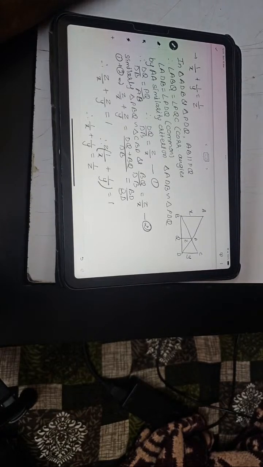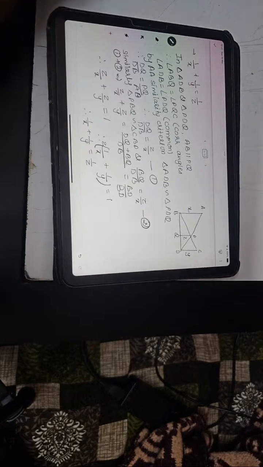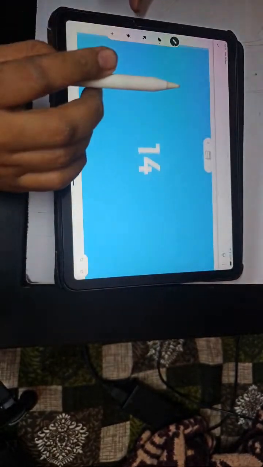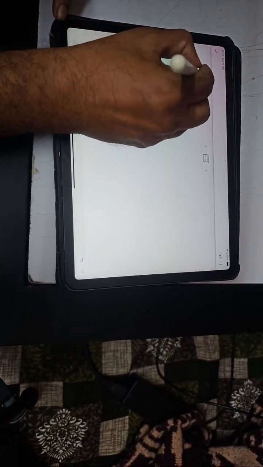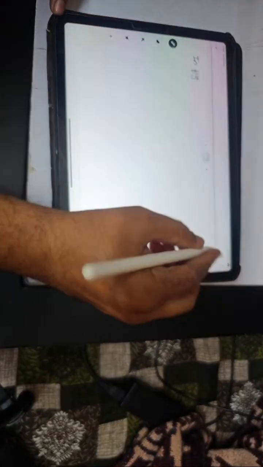Now one more important sum which is every now and then asked from this chapter, that is in figure. See, figure is this one.